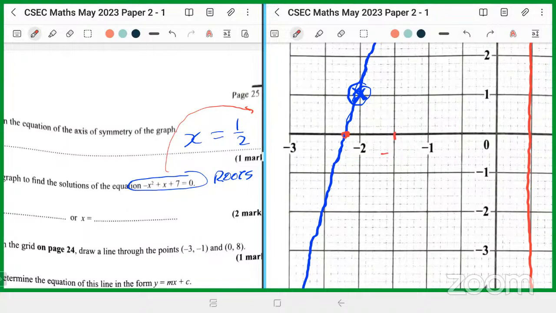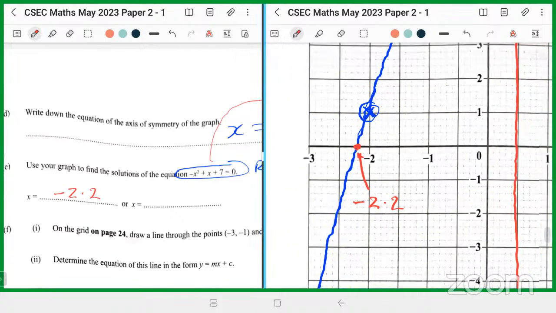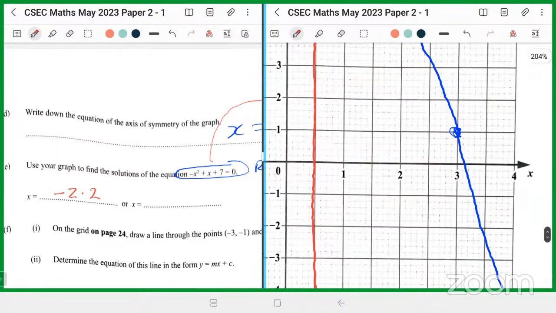So this value right here, based on what I have on my graph, is about -2.2. So I would put -2.2 for one value.